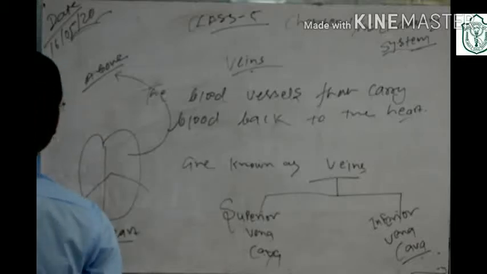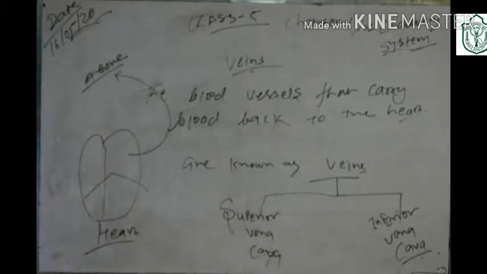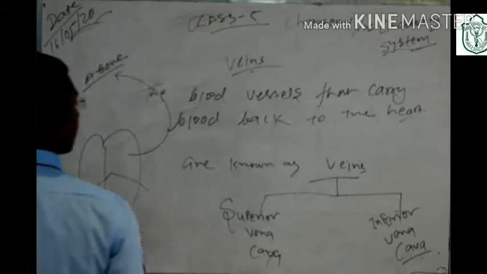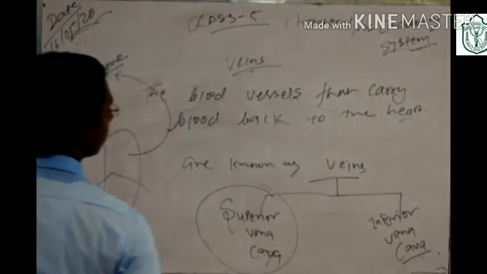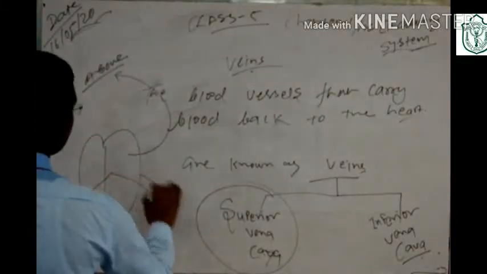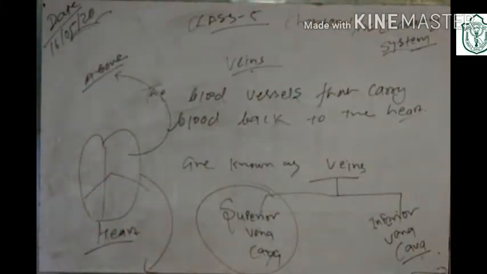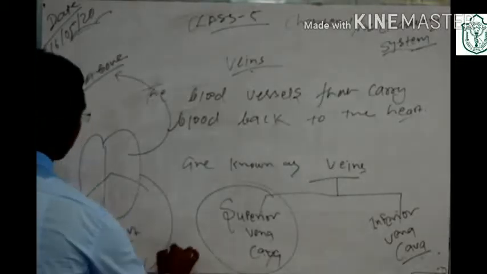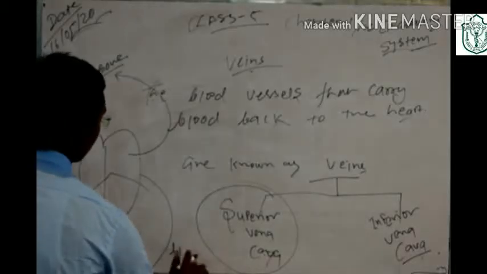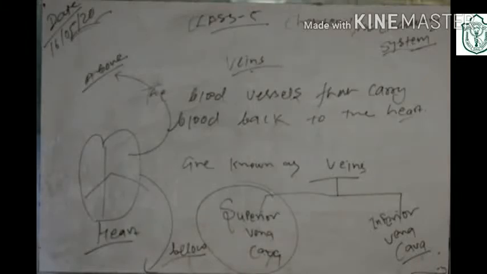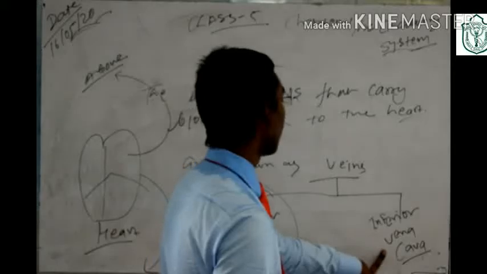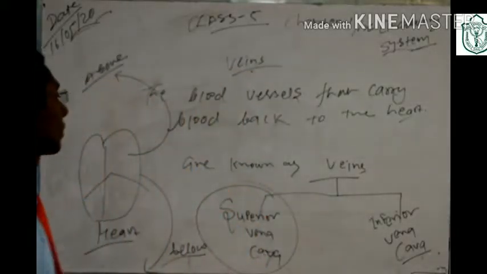The network of tubes which are above the heart is known as superior vena cava, and the network of tubes which are below the heart are known as inferior vena cava.